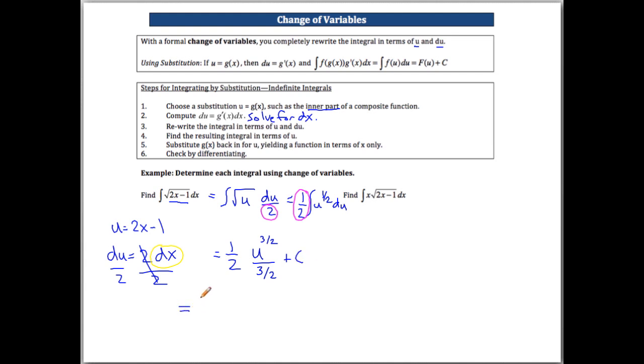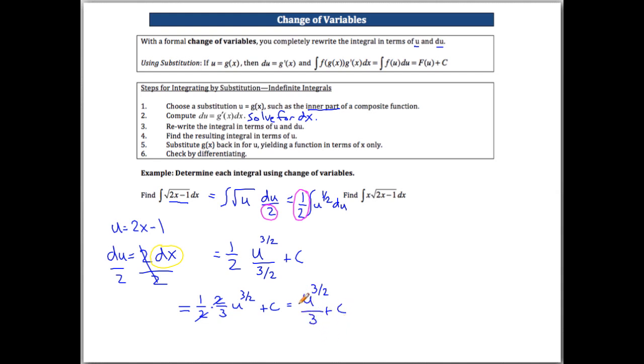So this will be 1/2 times, well, the reciprocal here, so 2/3 u to the 3/2 plus c. And you can see the 2's will cancel here, and so we really get u to the 3/2 over 3 plus c.